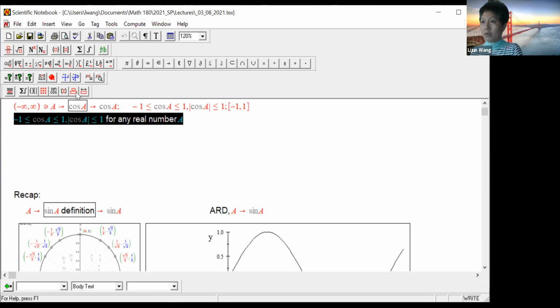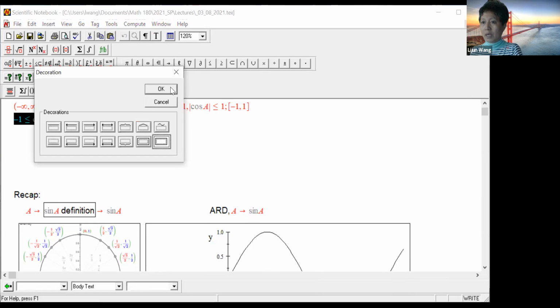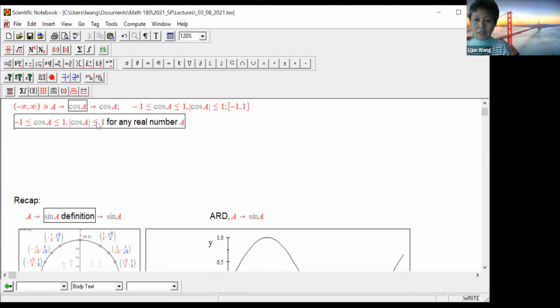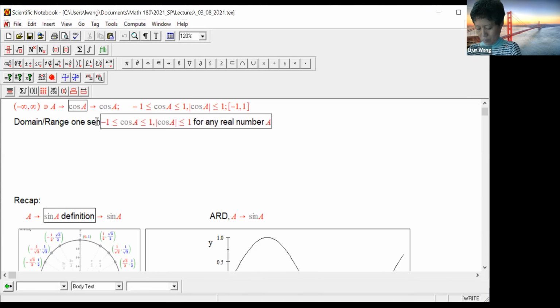So this is domain and range together. We had a similar statement about sine, right? Domain and range, one sentence.